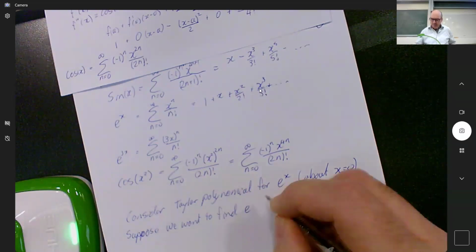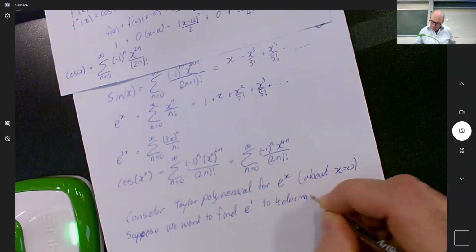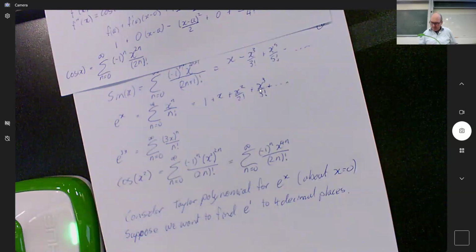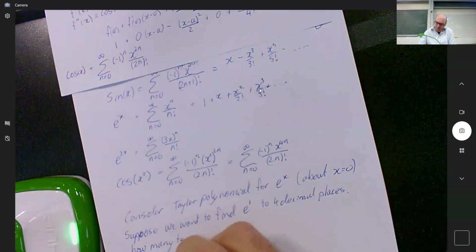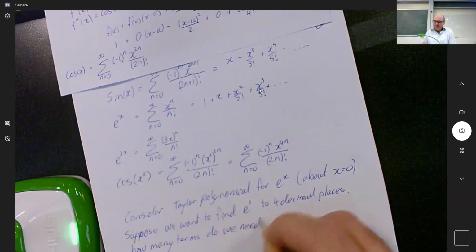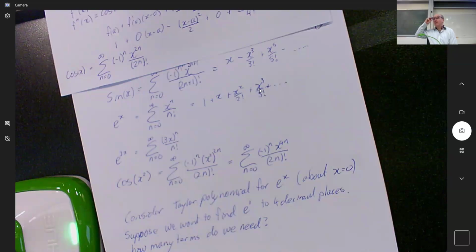Let's keep it simple. E to the 1. So that means, if I want something to 4 decimal places, 0.0000 something, I need to go 0.0001, and then I divide that by 2, because my error is plus or minus.